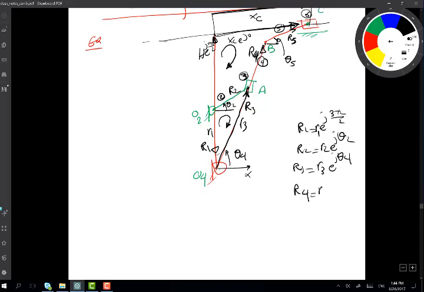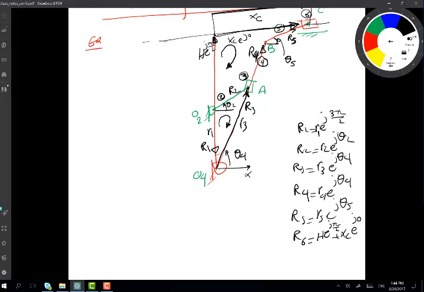This is constant length r4 e to j theta 4, and then I have r5, which is constant length r5 e to j theta 5, and maybe I can say r6, which is h at 90 degrees plus xc at 0 degrees. Together they give me rx.